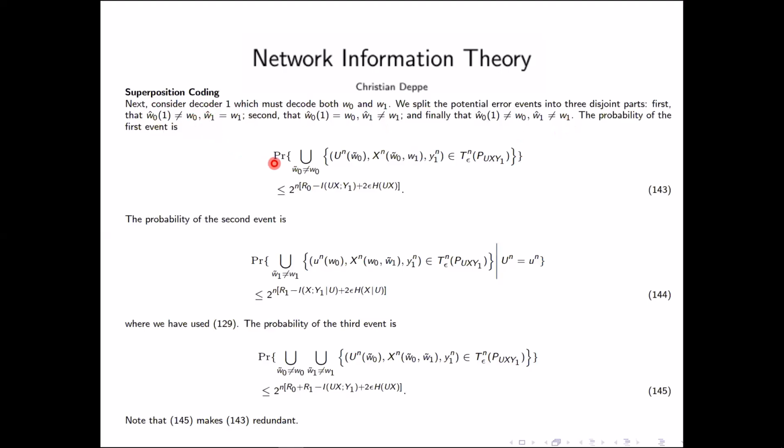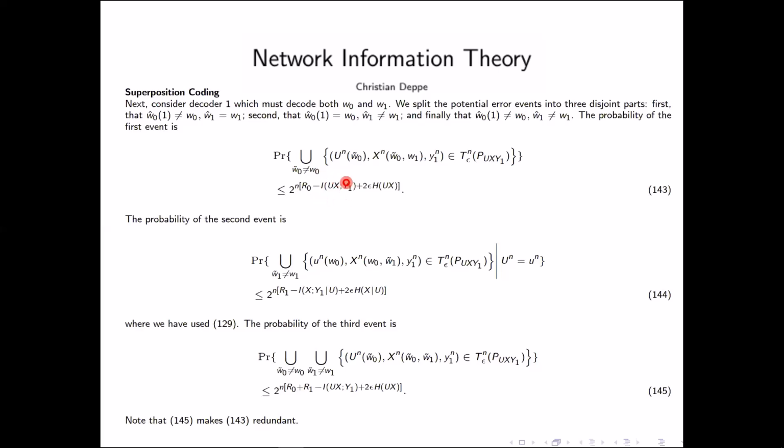So that means we look at the probability that u^n, x^n, and y1^n are not jointly typical, and we have to look at all the unions over w tilde not equal to w0. But we can estimate every one of these probabilities by 2 to the power minus n times the mutual information of u, x and y1.